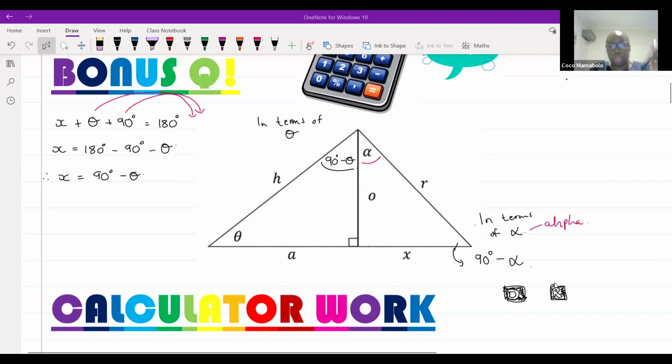Yes, okay. So here's why, Narisha. When we find our answers, if this isn't put in degrees, your calculator is not going to give you answers in degrees. If the R is put in, there is another way to measure angles, and it's called radians. We don't really use radians until we get to first year university, or if you go to an IEB school and you do AP maths.